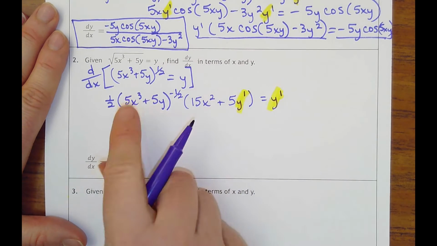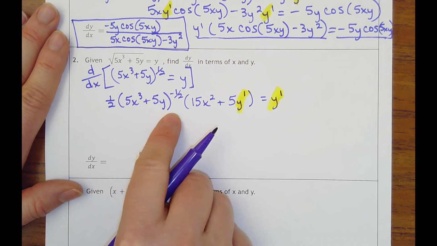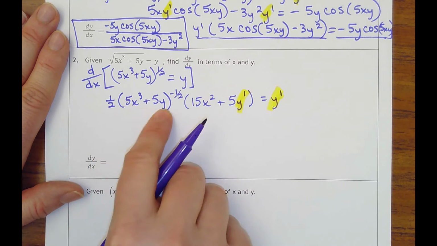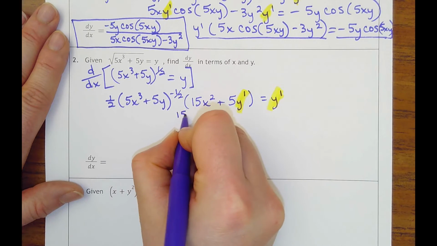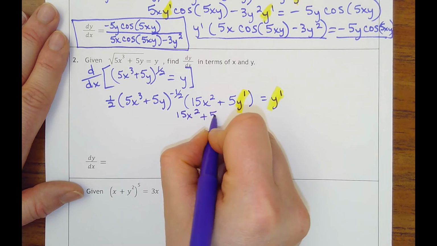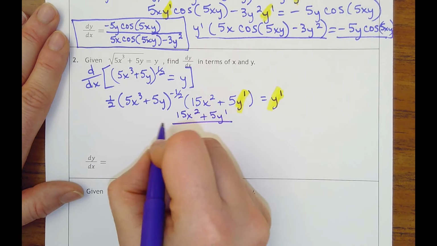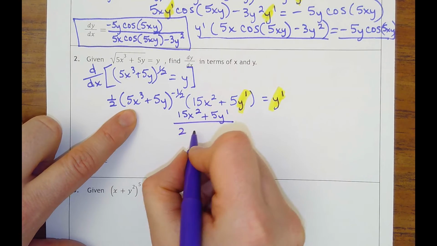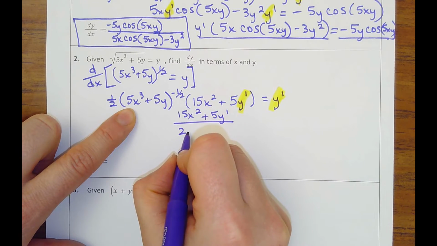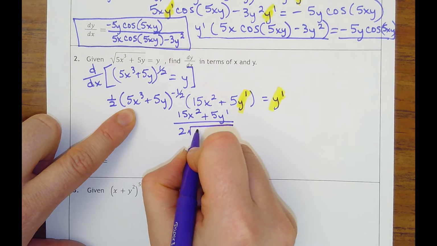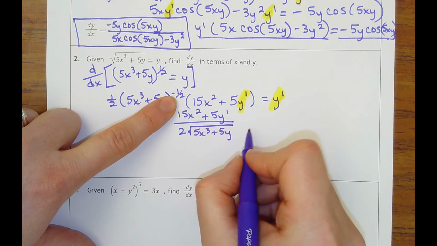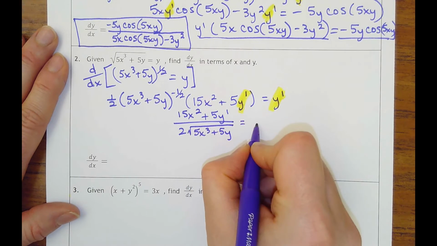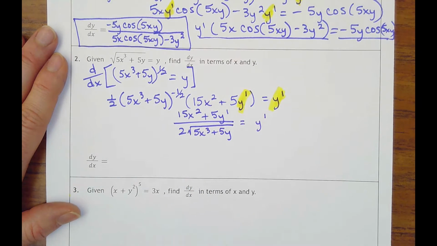My first thoughts were, let's fix this a little bit. Let's sync this to the denominator. This 2 is on the denominator. This is in the numerator, so I'll keep 15x squared plus 5y prime on top over my 2, and then times, if you want to go ahead and make this a square root of 5x cubed plus 5y, since it's to the 1/2 power, equals y prime.